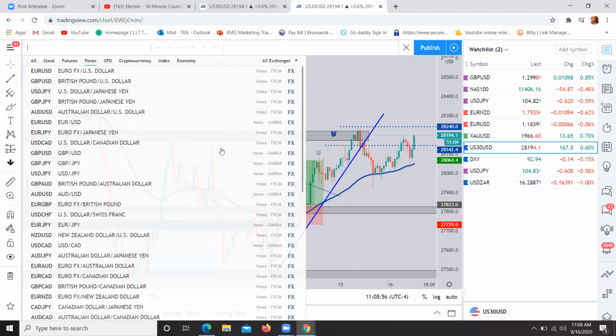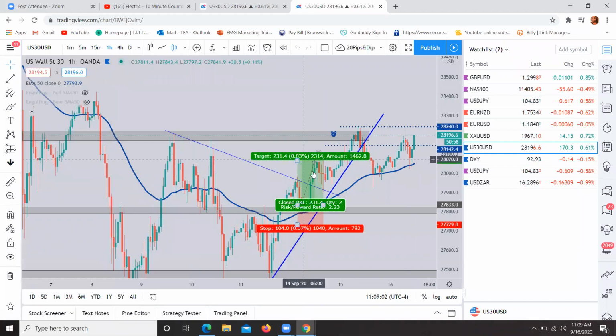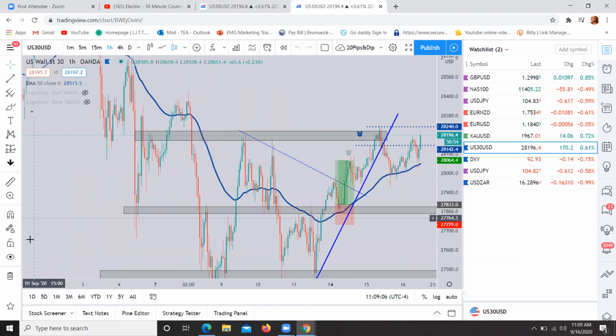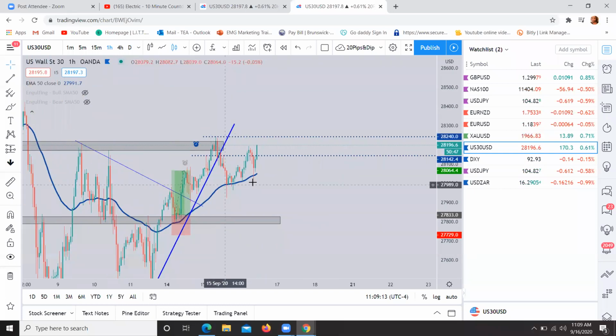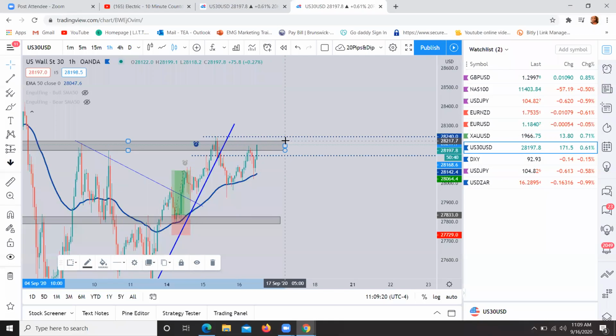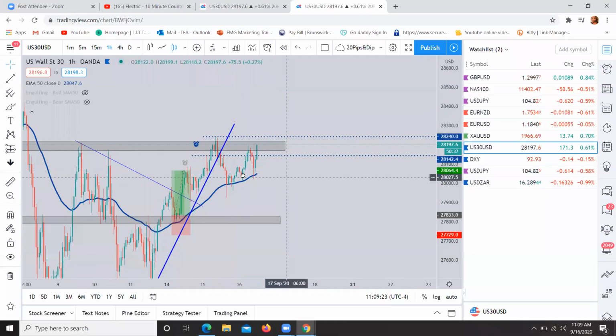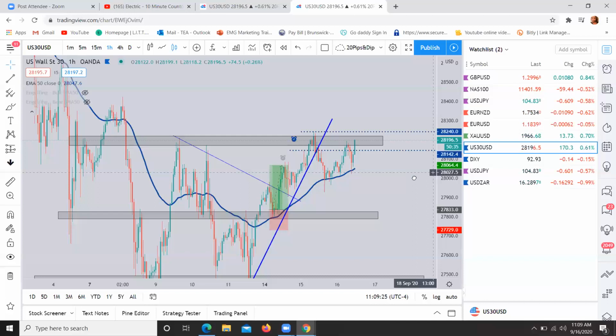You're not just going to go to MT4 and place a trade. TradingView is a more modern, easier tool, with a lot of functions and features that MT4 doesn't have. As you see, I've been trading US 30 and I've set alerts for when I want to enter the trade. You can do so many things on here. So you definitely want to get yourself an account with them.